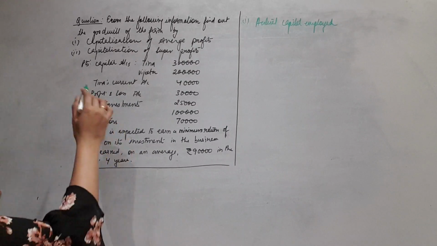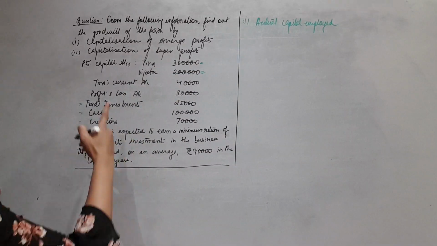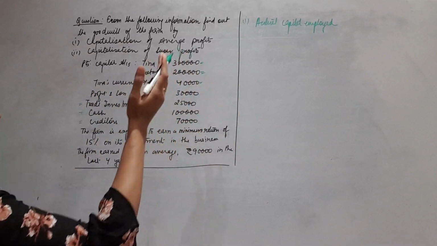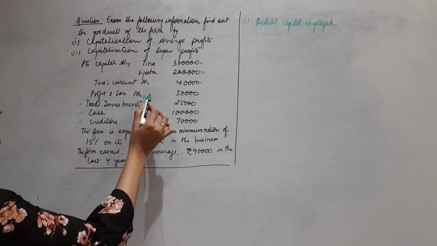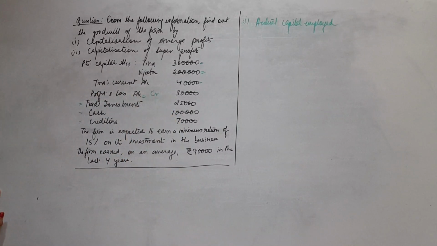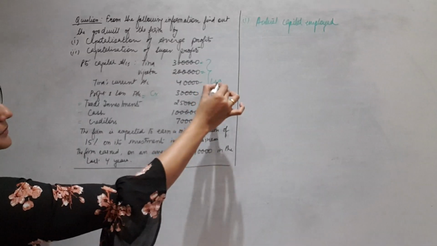What all are there here? Partners' capital accounts, of course, we will add. Tina's current account, of course, this is also positive, we will add credit balance. Nothing is mentioned, meaning credit balance, positive balance. So goes for profit and loss account. If nothing is mentioned, it means a credit balance. 30,000. All of this would appear on the liabilities side.